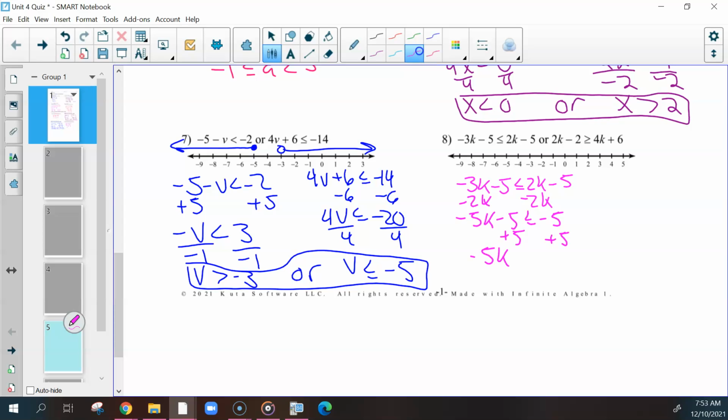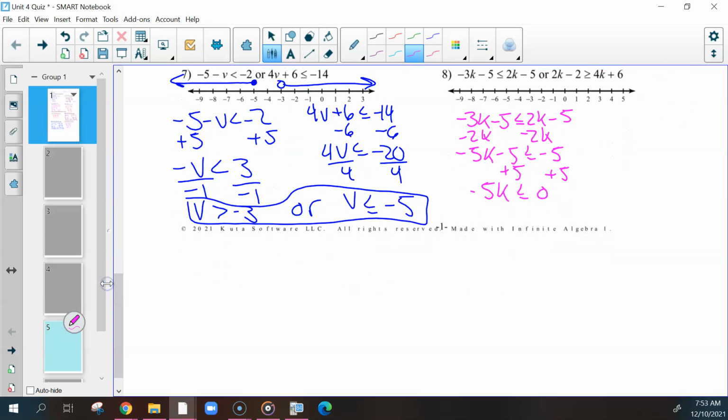Which means when we divide, our sign is going to change, but this number is still going to be 0. So greater than or equal to, but now 0. So that would be a closed circle at 0 going to the right.